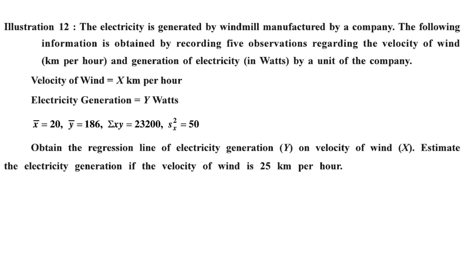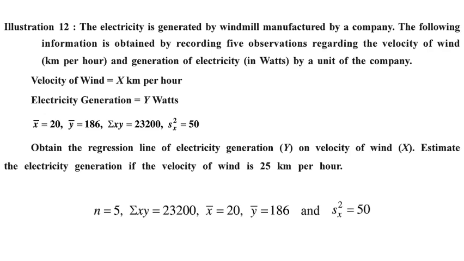I am thinking that is the formula we are going to use. You have to remember each and every formula, else you are never going to complete this chapter on your own. Also, we have to estimate the electricity generation when velocity is 25 kilometers per hour.